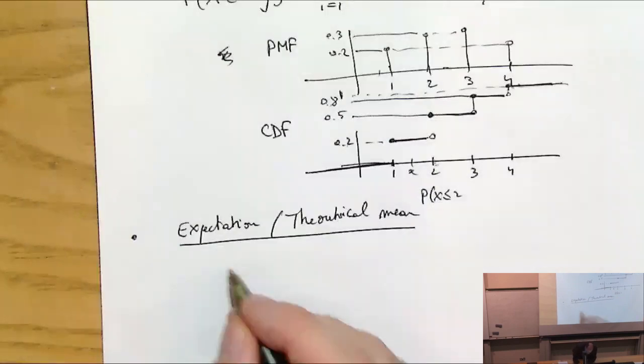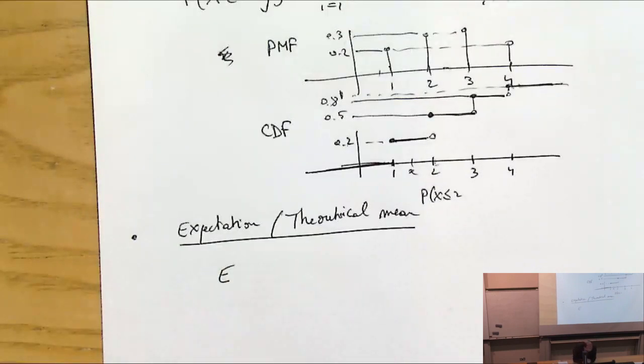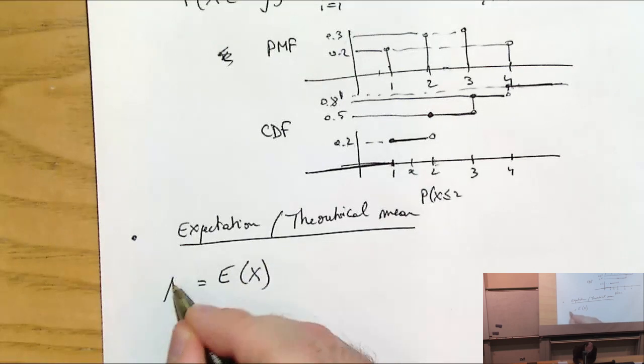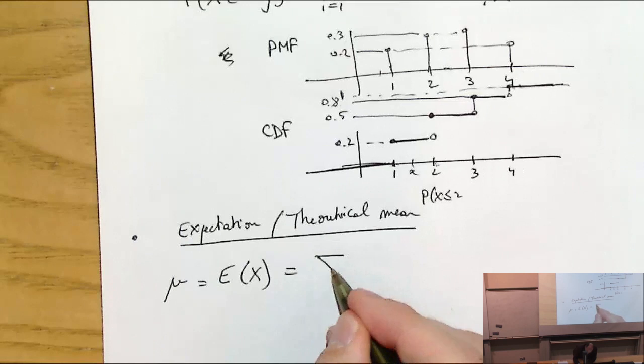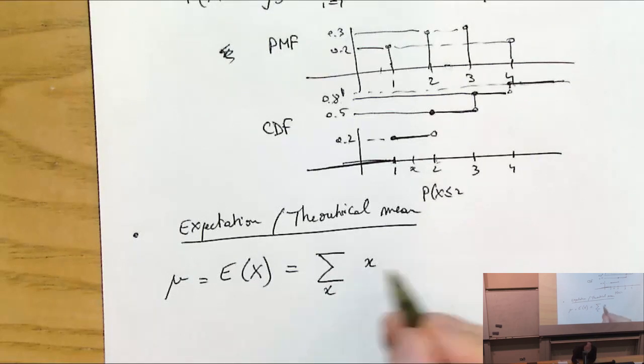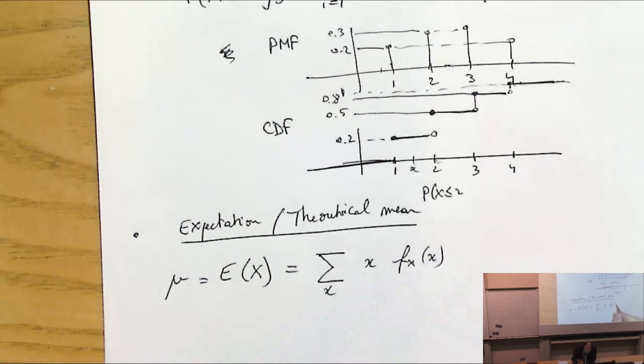And how do we define this? By this operator E, capital E, E of X, and this is also called mu. I define this expectation as a weighted sum: I sum over all possible x in the range of the random variable, and I multiply by the probability mass function.